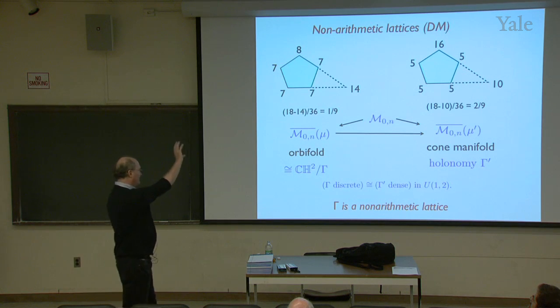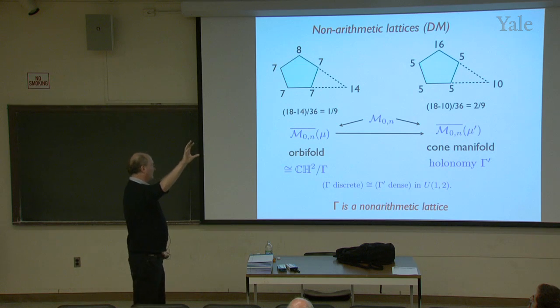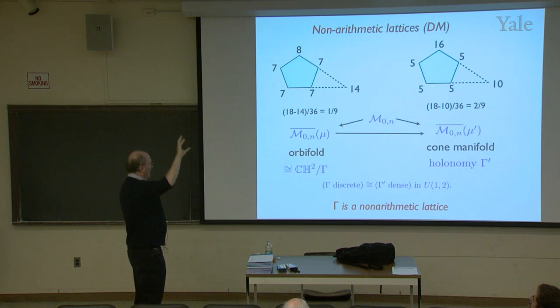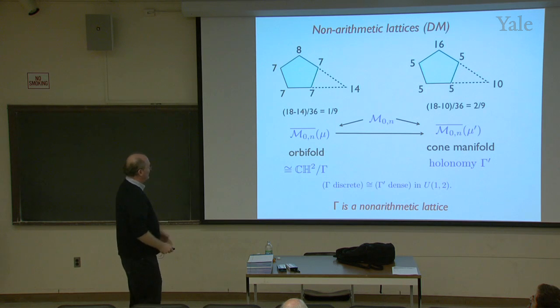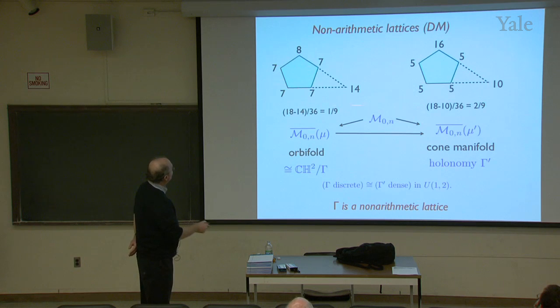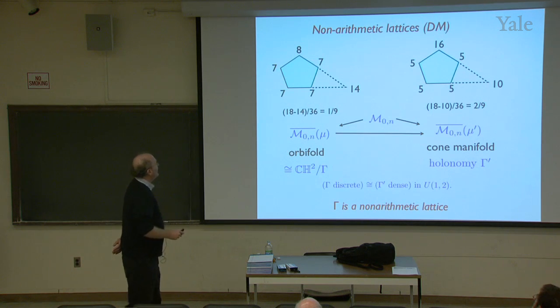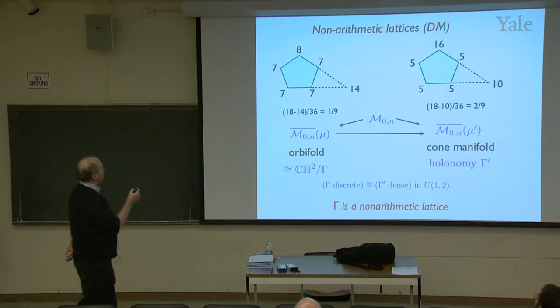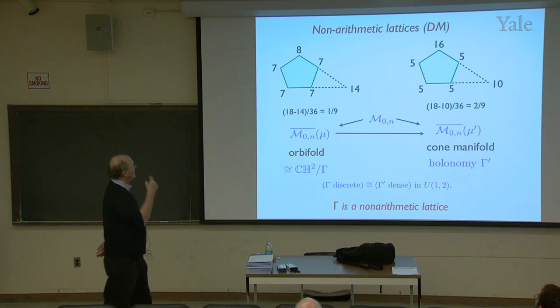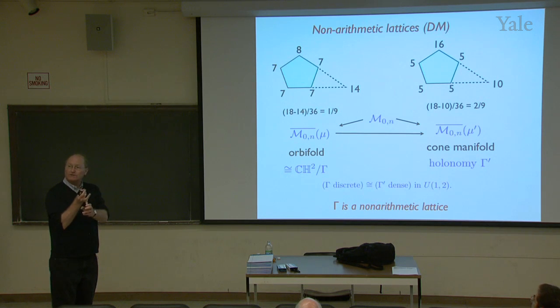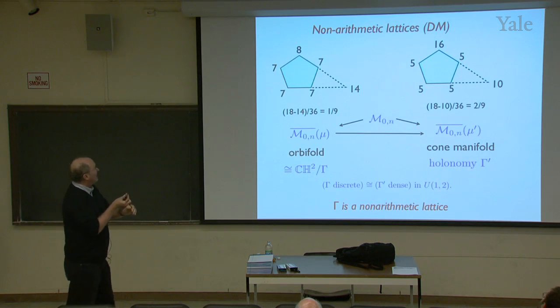But if the corresponding different forms of the group have at least 2 non-compact factors, then this lattice can't possibly be arithmetic. And so this was one of the motivations for Deligne and Mostow's work, using this construction of complex hyperbolic metrics on moduli spaces. They found examples that were orbifolds, but which were not arithmetic.